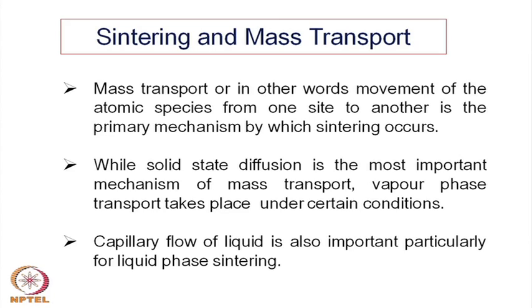In addition to diffusion, in solid state sintering or solid state mass transport, you have evaporation and condensation, whereas in a liquid phase the liquid moves normally by a capillary flow technique or a viscous flow mechanism. So, we will discuss those things also.